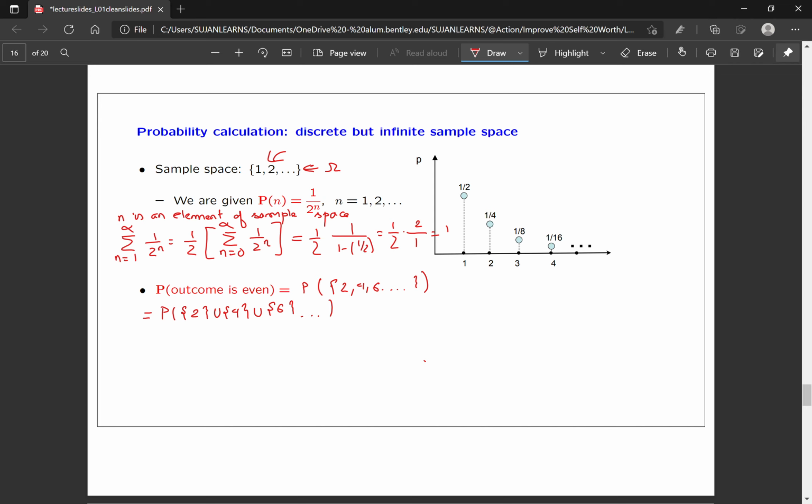Since the sets are disjoint, we can use the additive axiom to give us the probability of each single element. That gives us probability of 2 plus probability of 4 plus probability of 6, etc. Here we have it.